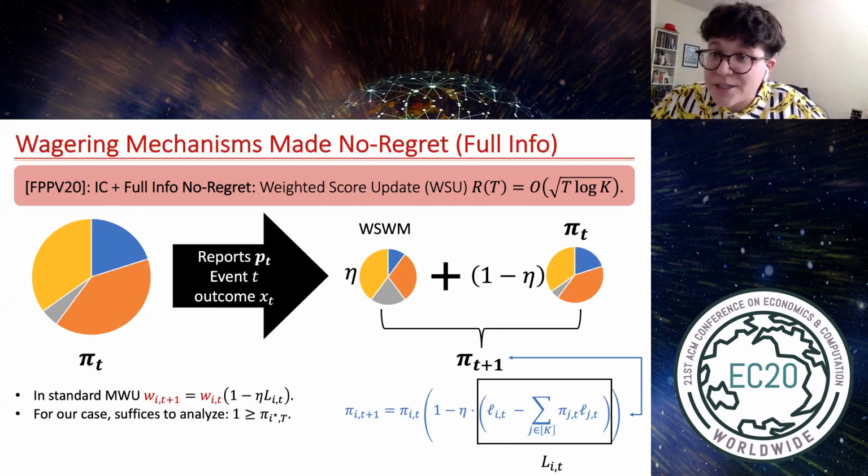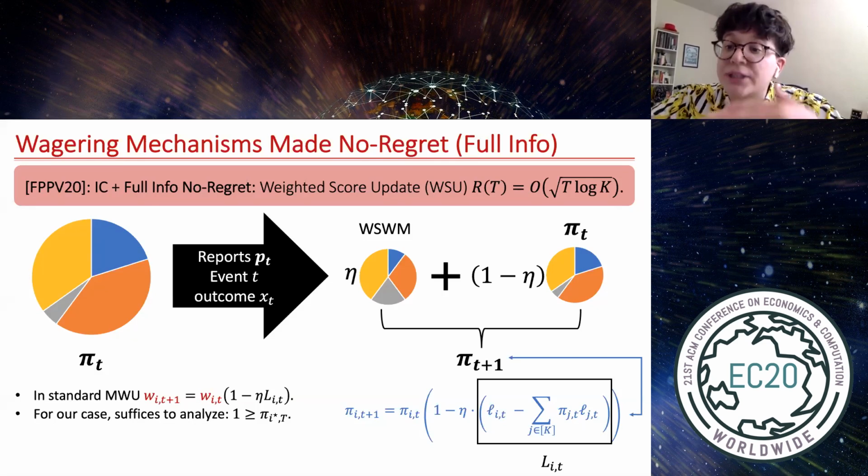But in our case, because we're working directly in the space of probabilities, which had not been studied prior to our work, the proof is slightly simpler. Instead of going through the whole potential argument that Nika mentioned yesterday, you only need to analyze this case that I have here, that the probability of the optimal agent around capital T is less than 1. Why?